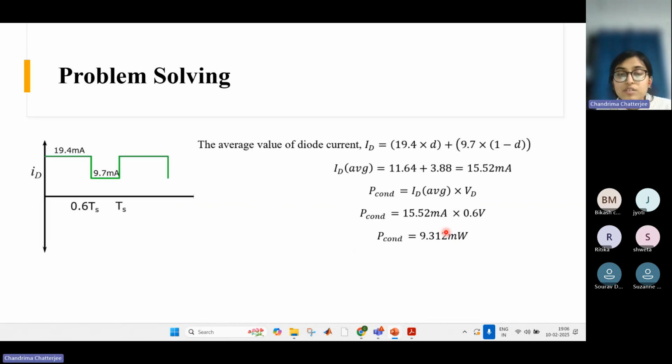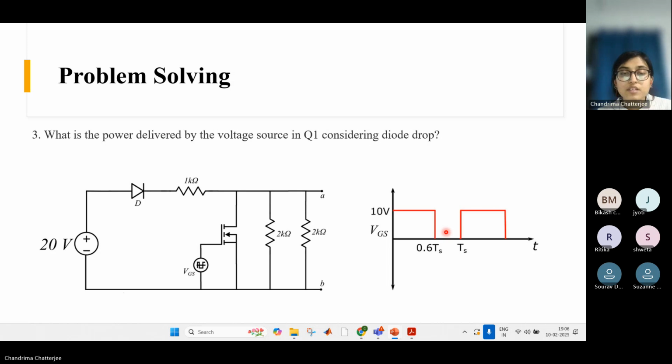Okay, so let's go to the next problem. It is also part of the first question. What is the power delivered by the voltage source in question 1, considering diode drop? So what is the power provided by this voltage source? And we will have to consider the diode drop also.